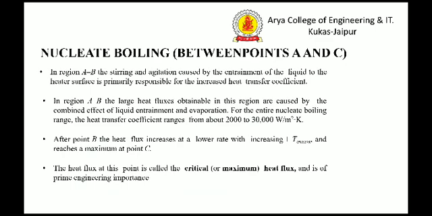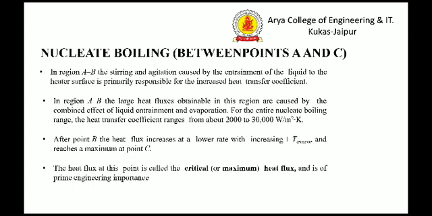In region AB, the stirring and agitation caused by the entrainment of the liquid to the heater surface is primarily responsible for the increased heat transfer coefficient. In region BC, the large heat flux obtainable is caused by the combined effect of liquid entrainment and evaporation. After point B, the heat flux increases at a lower rate with increasing ΔT excess.